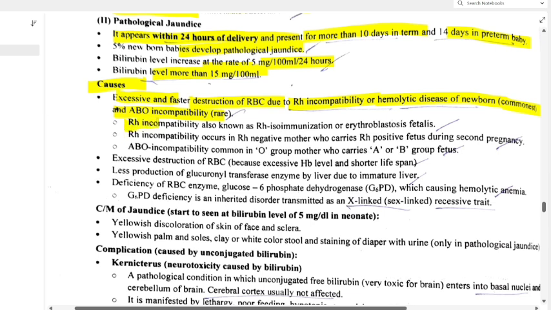See, Rh incompatibility, also known as Rh isoimmunization or erythroblastosis fetalis, we have already studied. Rh incompatibility occurs in an Rh negative mother who carries an Rh positive fetus during the second pregnancy. Now ABO incompatibility is common in O group mother who carries an A or B group fetus. In these three possible ways it can happen.